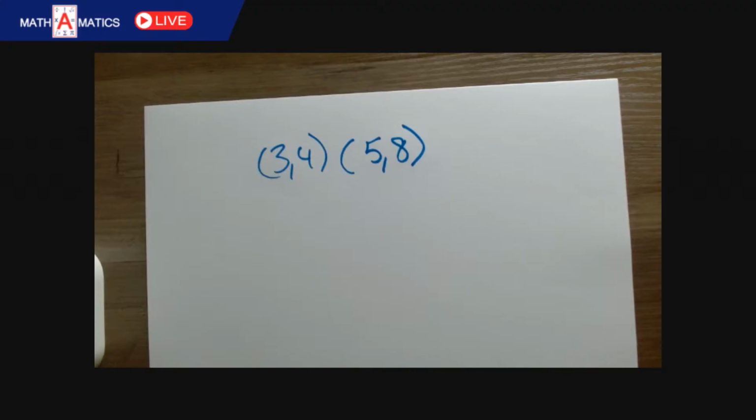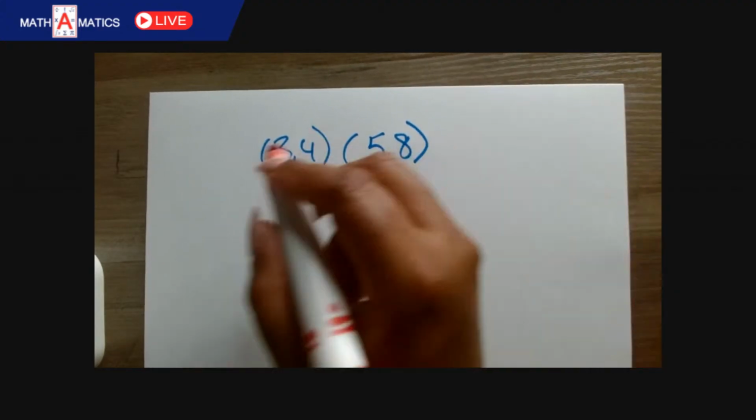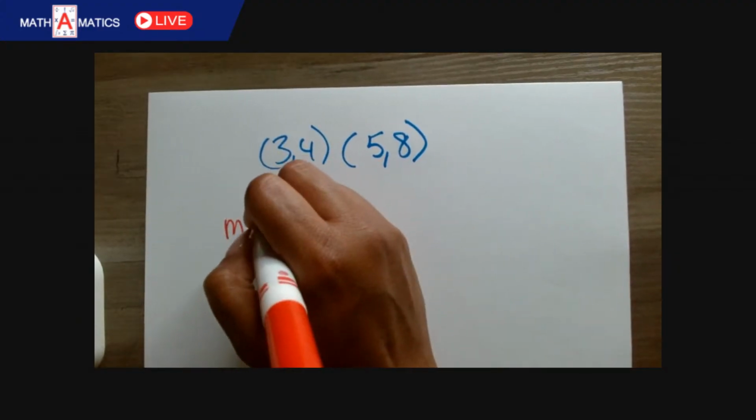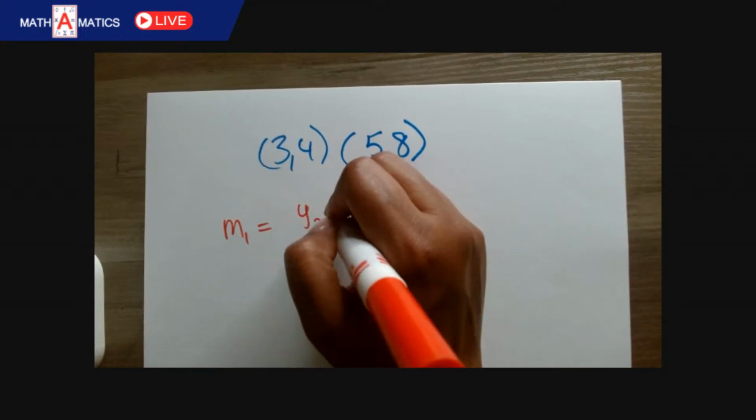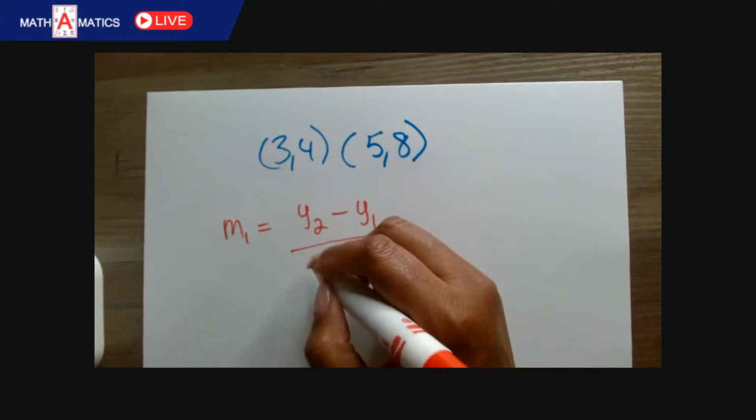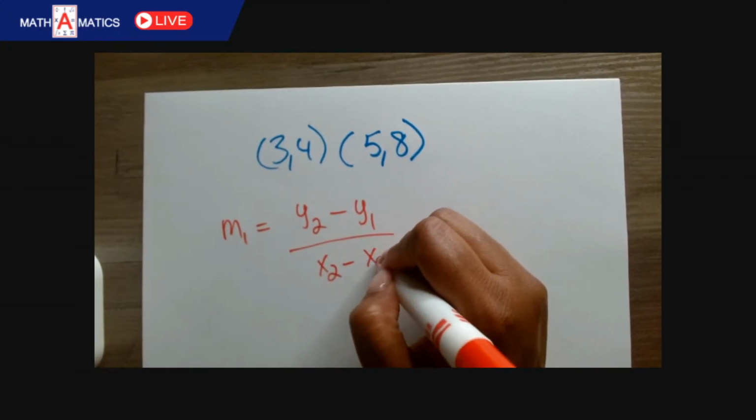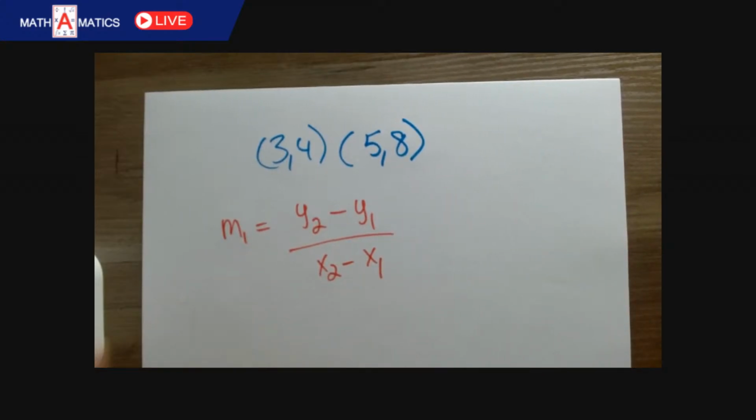All righty, so when we have 2 points and we're trying to figure out where to go from here, we first want to start with our slope. So our slope equation is that y2 minus y1 over x2 minus x1 is equal to our slope.